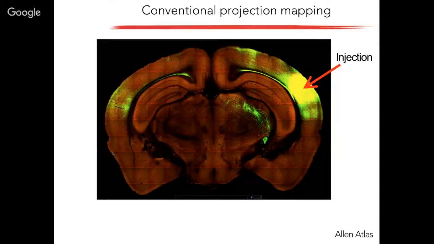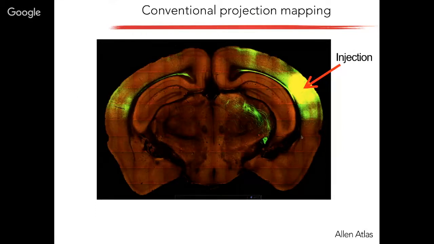To put this into perspective and motivate it, I'm showing here a slide from the Allen Brain Atlas. What the Allen Institute did was a huge service to the entire mouse neuroscience community, which is they systematically went through and made injections throughout the mouse brain of a virus encoding GFP. If they make the injection there on the right, they wait about 3 or 4 weeks for the neurons that take up the virus to express it all through their axonal terminals.